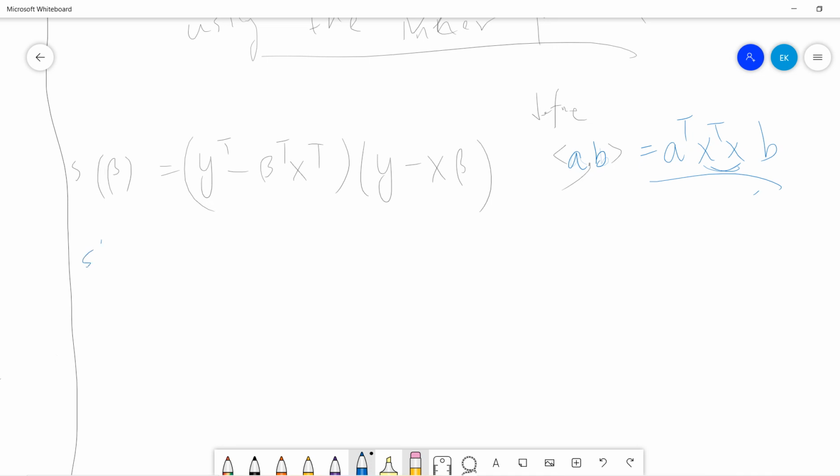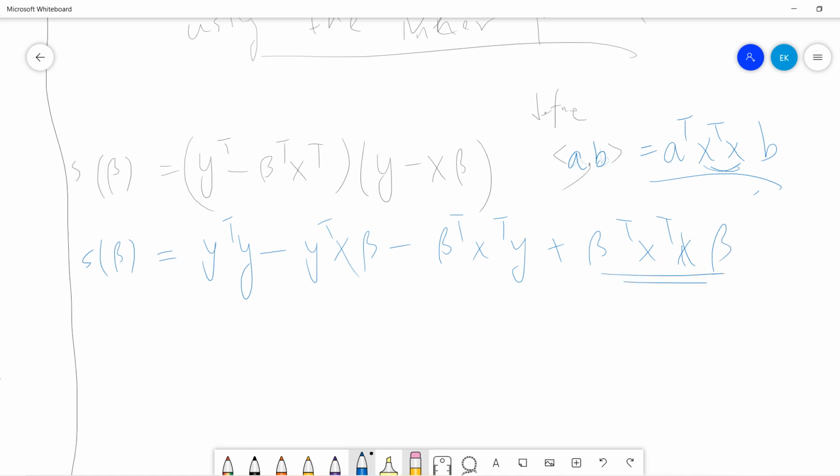So S of beta can be written as y^T y minus this one and this one. This term is just beta, and this is y^T y.